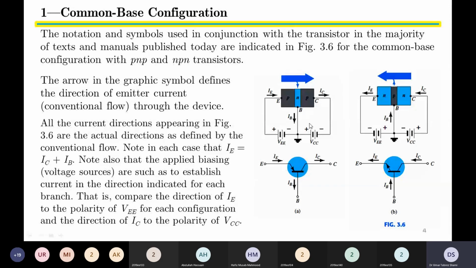So in this case we are taking the base as common, either in the PNP case, that is in figure 3.6 part A, or in figure 3.6 part B, where we are using an NPN transistor. Again, in this second figure, the base terminal is common. It is the same for the input side and for the output side.